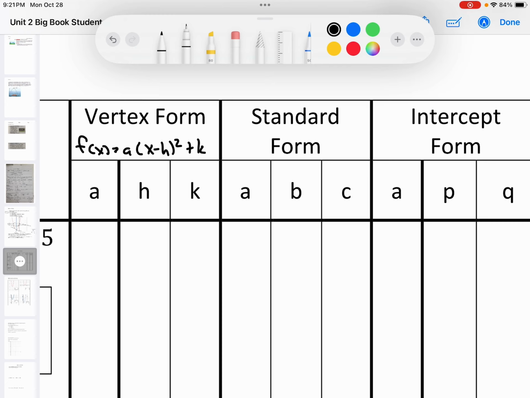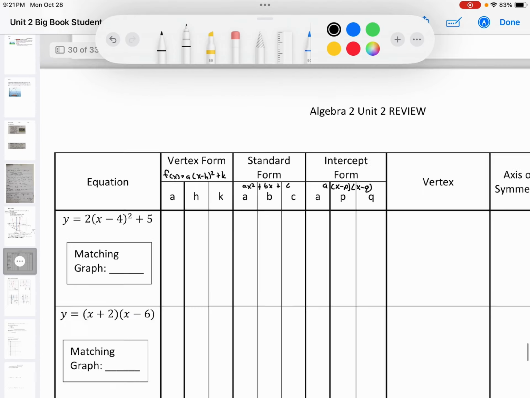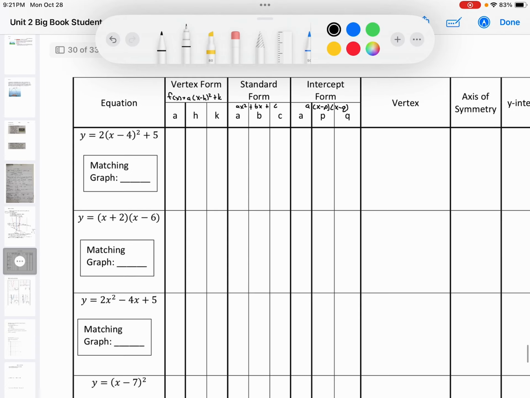Standard form, which is ax squared plus bx plus c. We have intercept form, which is a times x minus p times x minus q. So these are kind of the 3 different forms that we have for our equations.